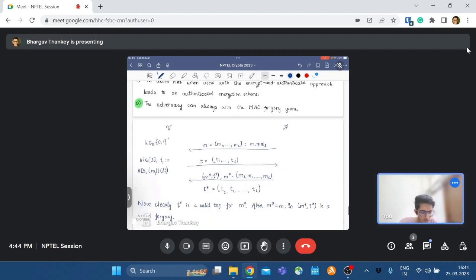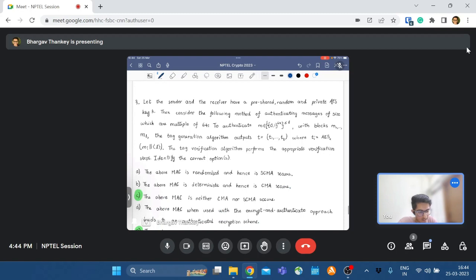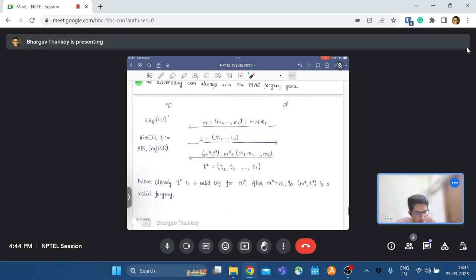Okay. So what is happening in this MAC? We have a message M, which is divided into blocks M1 to ML, right? And we are computing the tag like this. So we are basically computing the tag of each and every block individually, right? So here's what we can do. The adversary sends a message M1 to ML, but M1 and M2 are not the same, right?